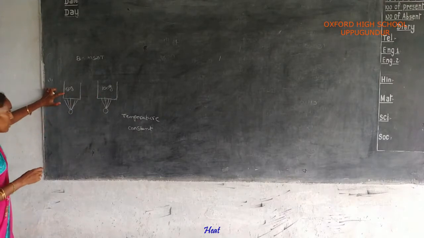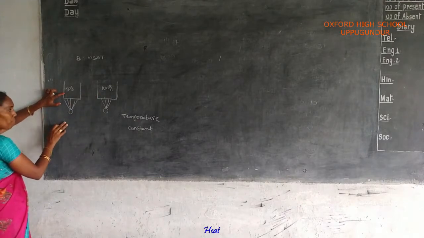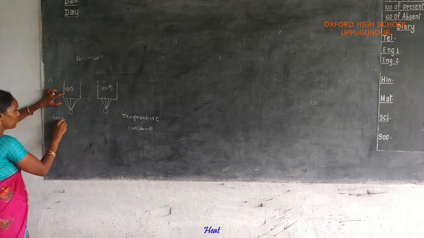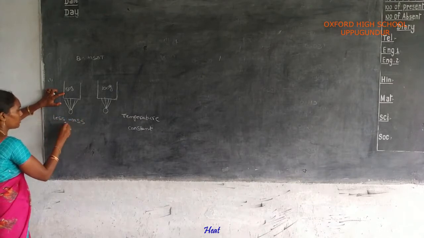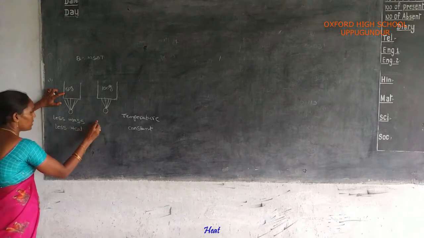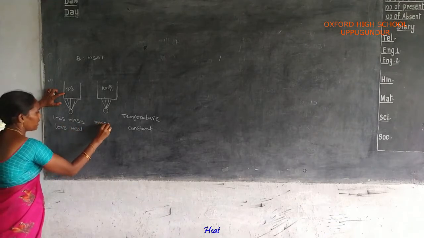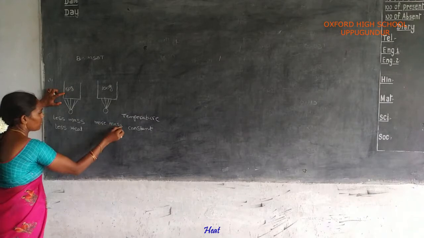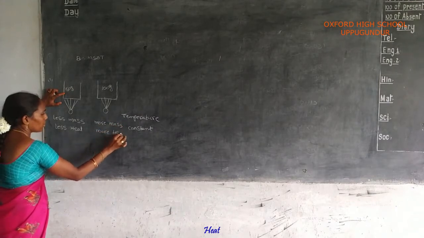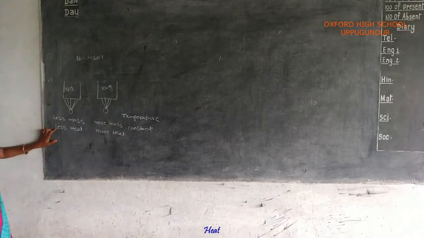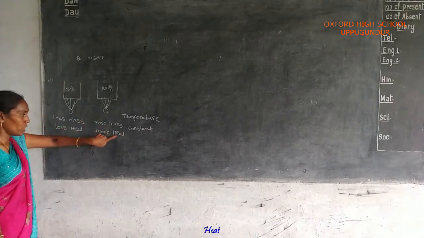Here, less mass means less heat energy. And more mass means more heat energy. Now, less mass means less heat energy. More mass means more heat energy.